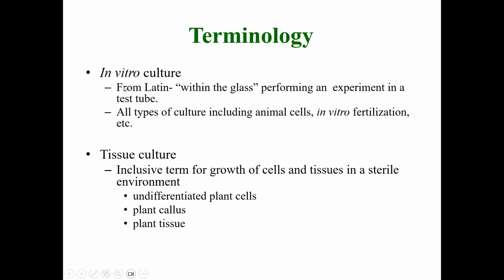Another terminology is in vitro culture. I already mentioned that in vitro means within the glass. It is a Latin word, performing an experiment in a test tube. So tissue culture is done in a closed container, test tube, or even petri dish or glass bottle.